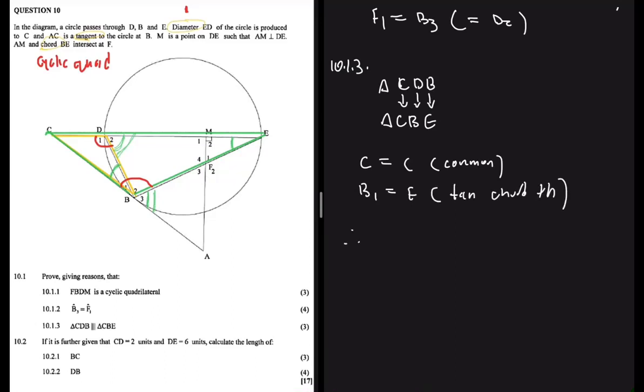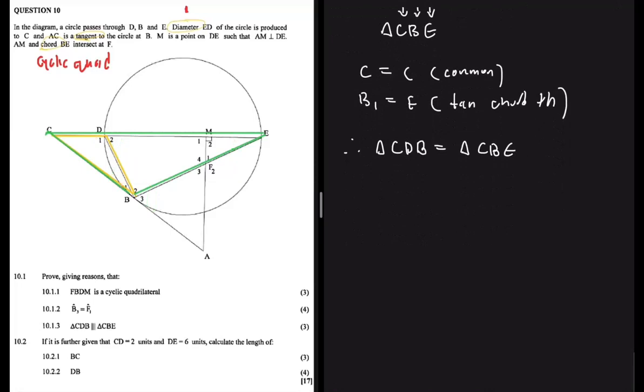And then from here we can conclude that triangle CDB is similar to triangle CBE. That is because if two angles in two triangles are equal, then the third angle will also be equal, because the sum of angles in a triangle is constant, or it is equal to 180 degrees. So we have proved that similarity.